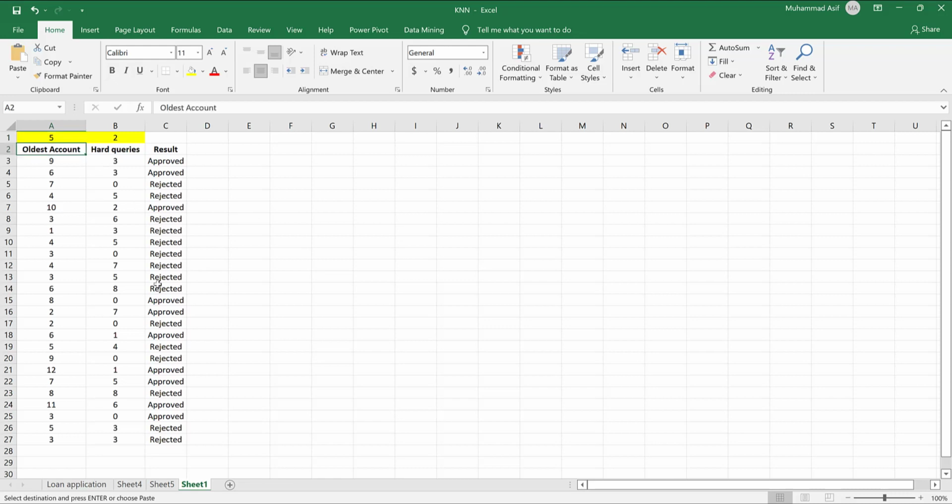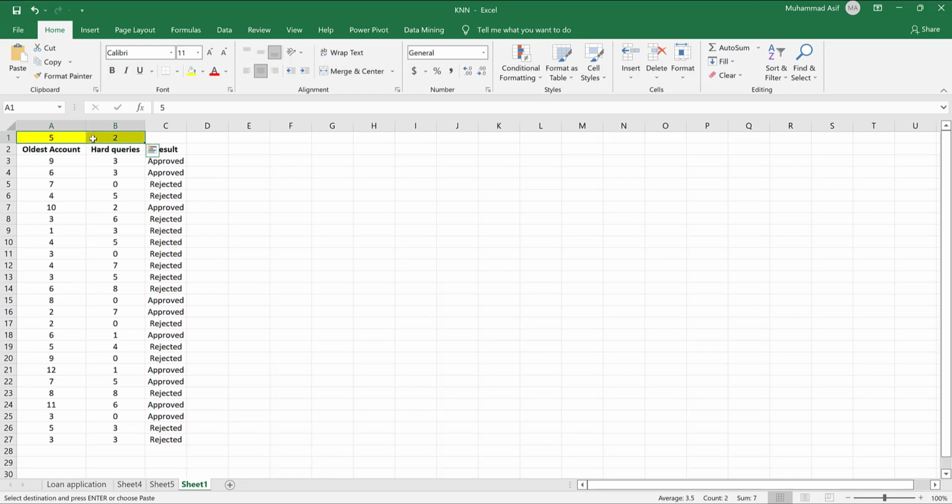So for example, this is hypothetical data in which we have data about oldest account, which means how old the accounts of people are, and then how many hard queries they have, and then what the result was. Was their credit card application approved or rejected? So this is a reference set that will provide the basis of comparison. And then there is a new application in which the oldest account is 5 years old and there are 2 hard queries, and you have to decide whether it should be approved or rejected.